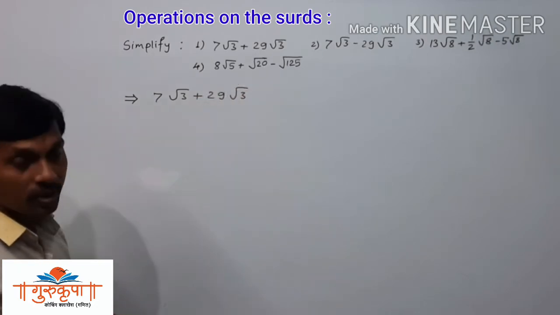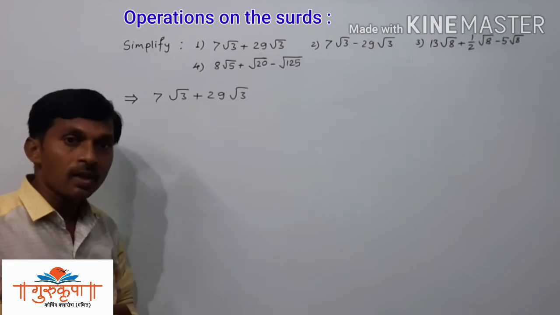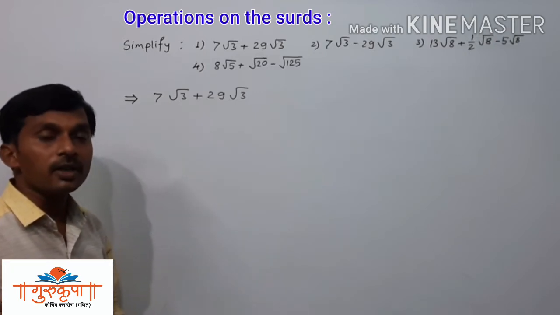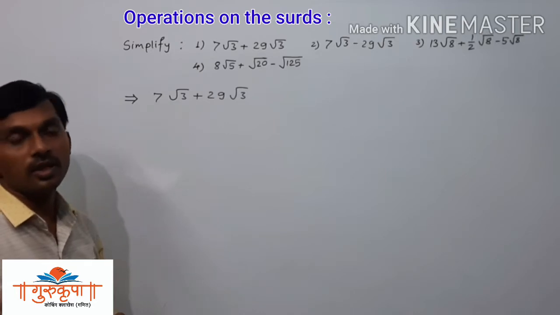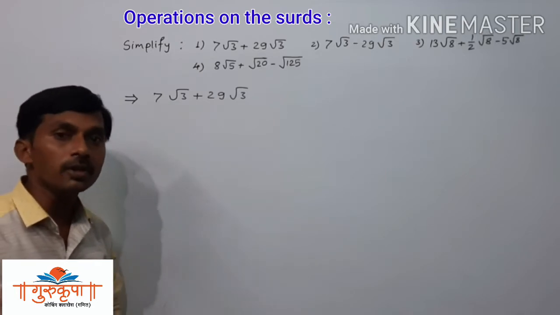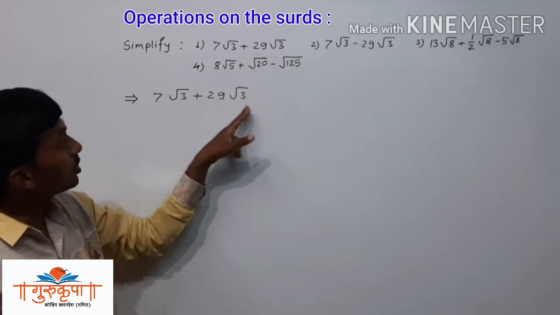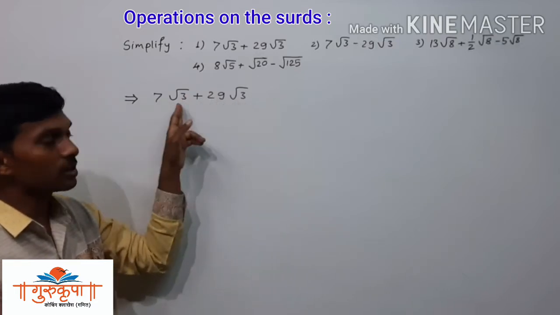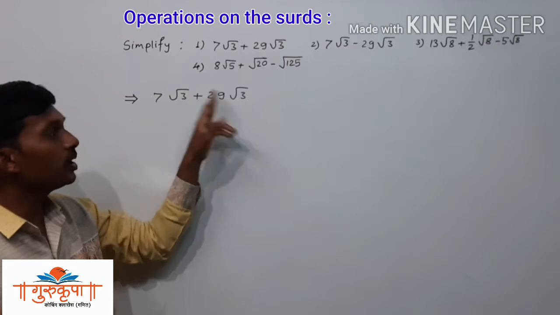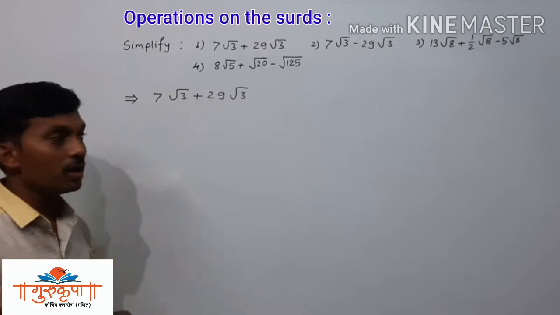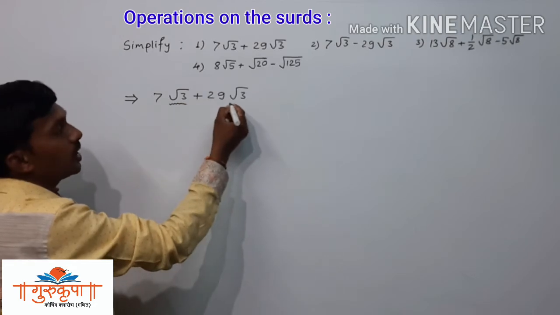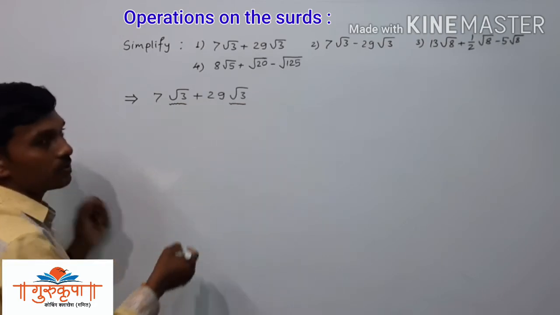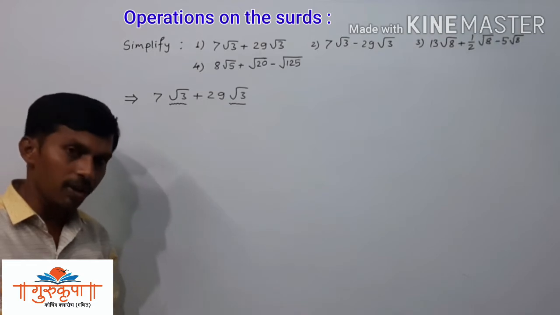Now here it is very important that if you would like to take the addition or the sum of the surds, then both the surds should be like surds or similar surds. If the given surds are not similar, then we cannot take the addition or subtraction of the surds. It is a very important rule.